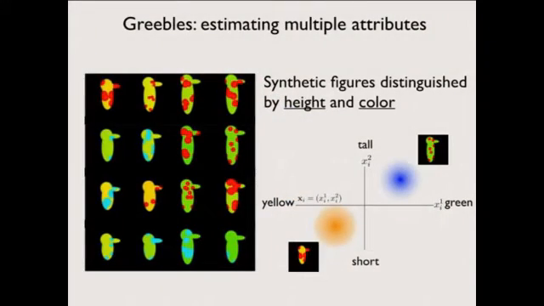This is the second experiment we thought of once the first one went through: try and see if we could estimate the school of thought of the different annotators. We generated these little cartoon characters, some more green and some more yellow, some taller and some shorter.